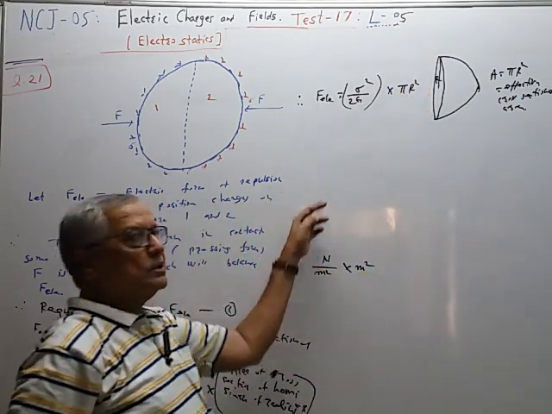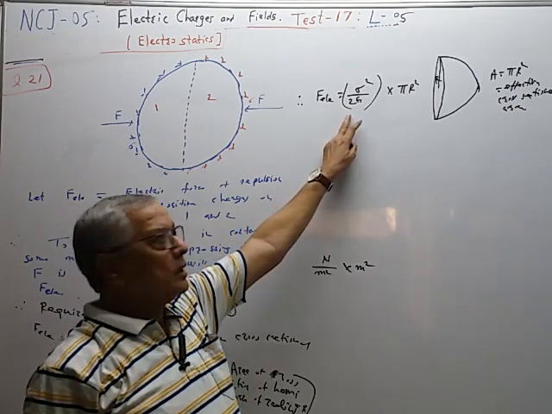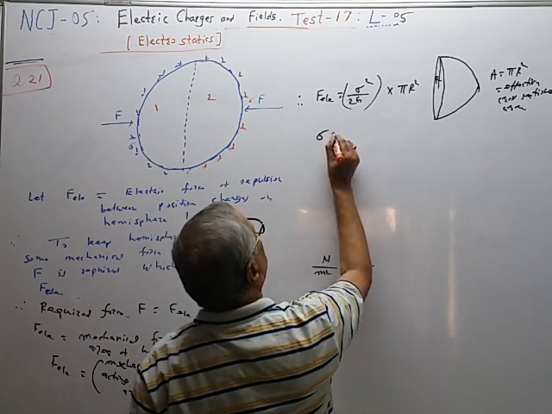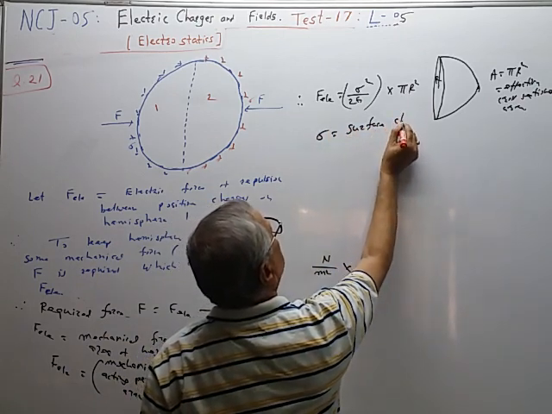So we have proved this relation. Mechanical force acting per unit area is equal to sigma square upon 2 epsilon naught. Sigma is equal to surface charge density.